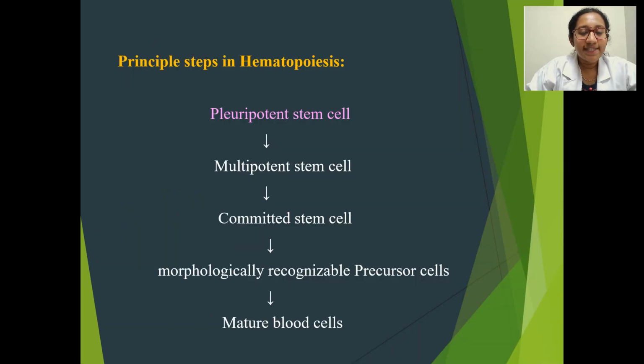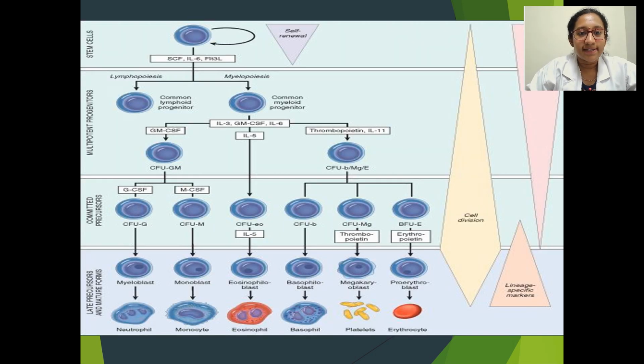So we'll see what are the basic principal steps in hematopoiesis. Initially, we have pluripotent stem cells which convert into multipotent stem cells, which again further convert into committed stem cells, and then they become morphologically recognizable precursor cells, which finally become our mature blood cells.